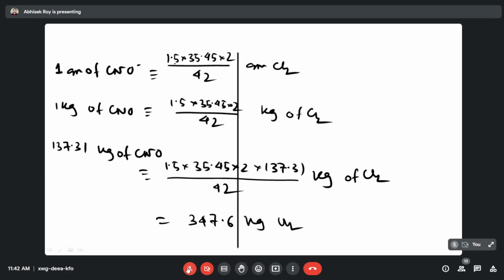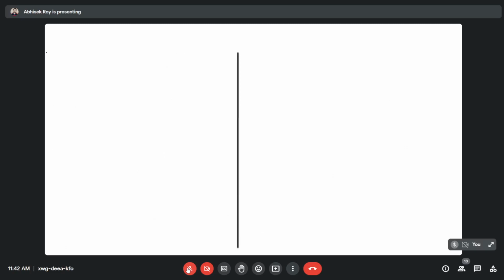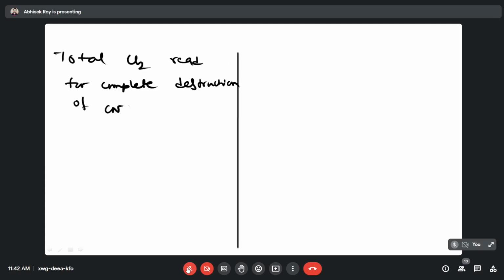So now it is written how much chlorine is required for complete destruction of cyanide. So you write down the total Cl2 required for complete destruction of cyanide.